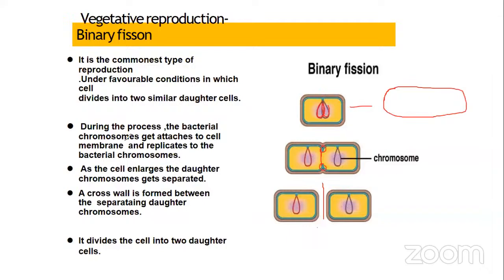During the process, first the bacterial chromosome gets attached to the cell membrane and replicates, and replication means it becomes double. As the cell enlarges, the daughter chromosomes get separated. A cross wall is formed between the separated daughter chromosomes. This is the cross wall. Now this cross wall divides the cell into two. So this is called binary fission.